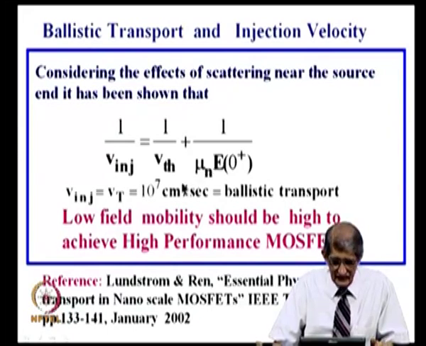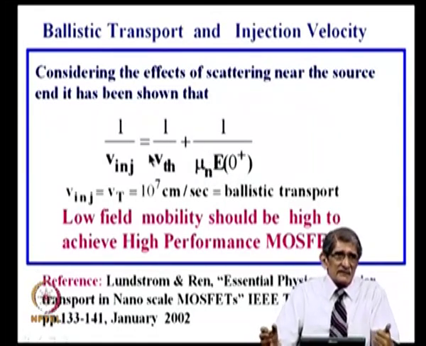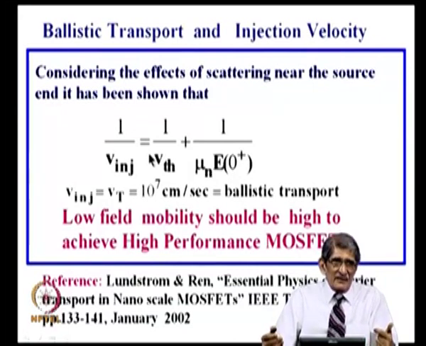You can see that if the mobility is very, very large, it could be that in that electric field, you will have, it is like putting two resistors in parallel. The resistance is governed by the resistance which is lower.